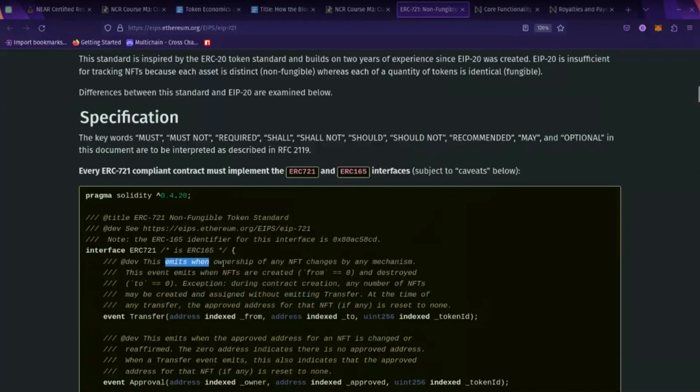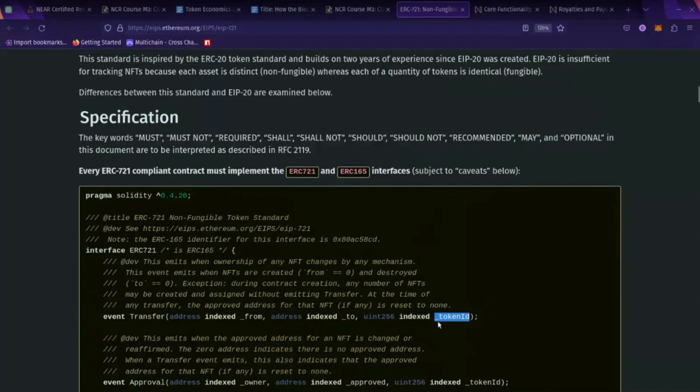For example, this is an event that's emitted when ownership of an NFT changes by any mechanism. So for any transfer of an NFT, an event is emitted with an address it came from, an address it was sent to, and then a uint, an unsigned integer of 256 bits, which is the token ID.